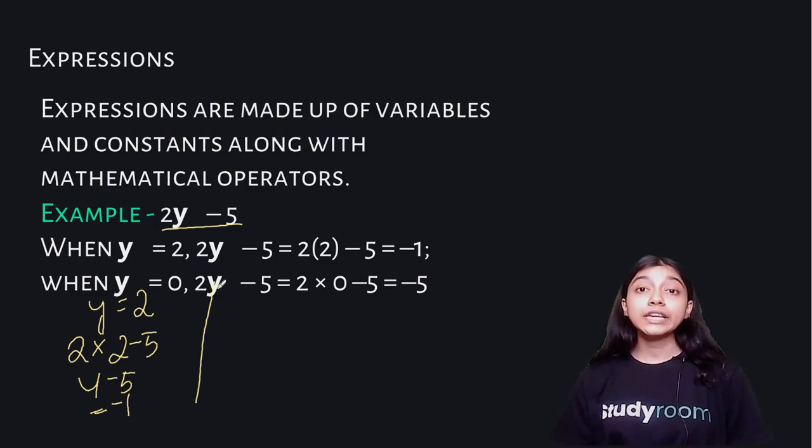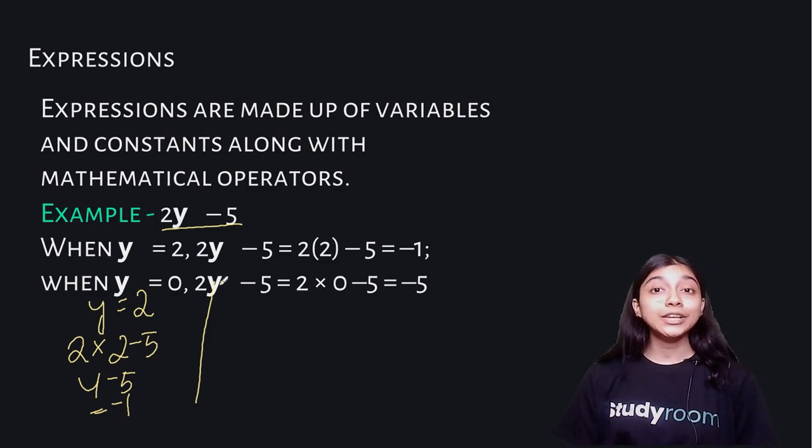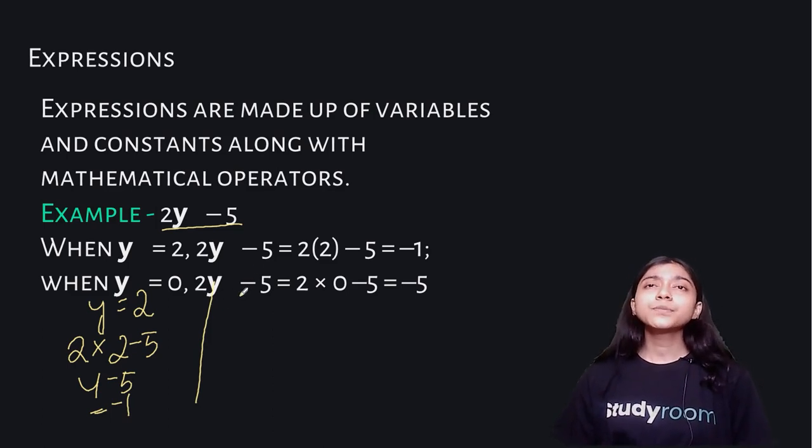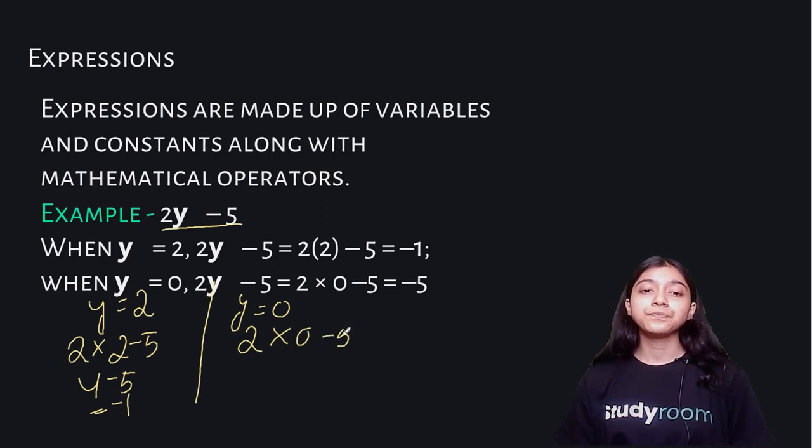Now we will put a different value of the variable y and see what is the value of the expression. So let us put y equal to 0. When we put y equal to 0, the value of the expression turns out to be 2 multiplied by 0 minus 5. 2 multiplied by 0 is 0, minus 5, which ultimately gives us minus 5.